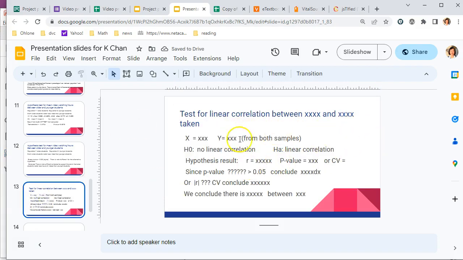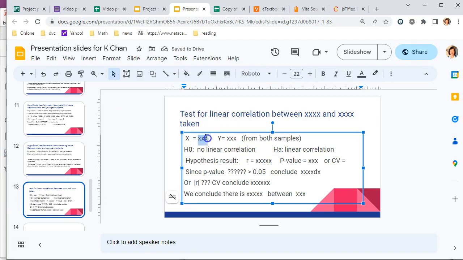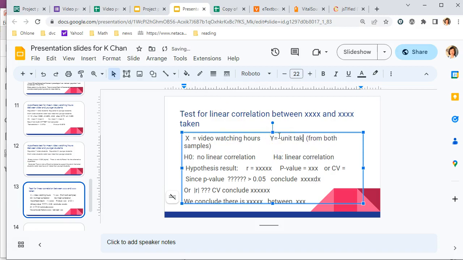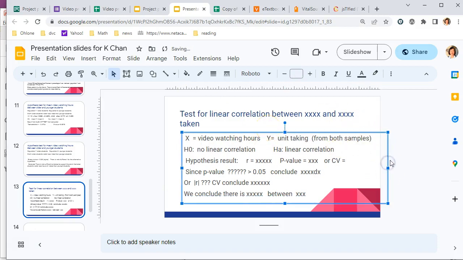Okay, so this one has no population. So X is hours, video watching hours, the first one. And Y is units taking, right? So we are collecting the data from both samples.